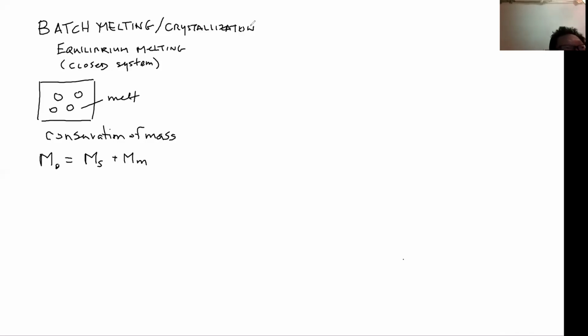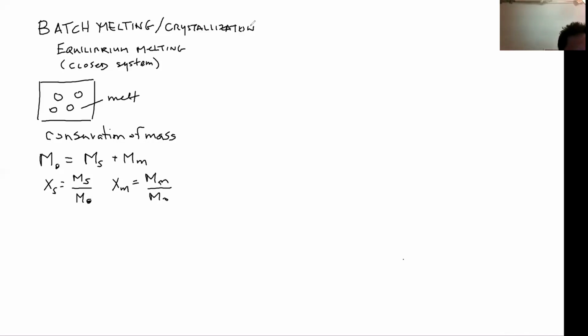Then what I'm going to do is define these quantities. The mass fraction of the solids is equal to ms over the total mass. Okay. And then the mass fraction of the melt is mm over the total mass. Okay.